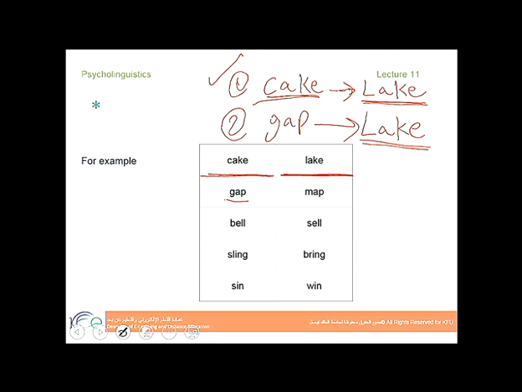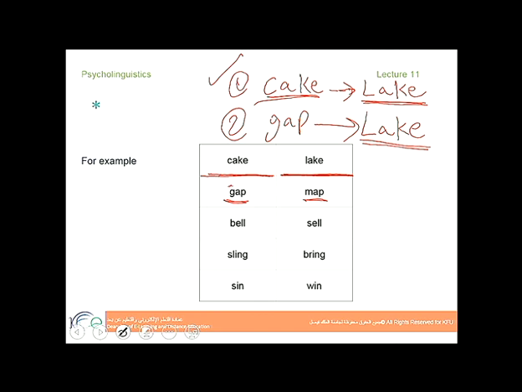Fake as well, also as another example. Bake is another example. So cake, bake, lake, and words that sound the same will give us what we call a priming effect. Also, gap and map. They sound the same, don't they?